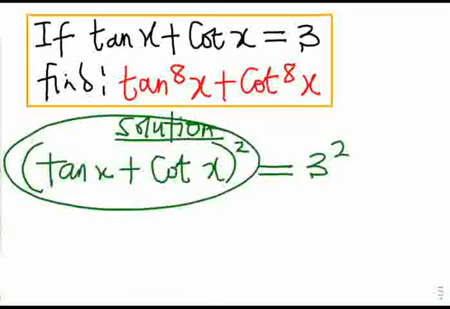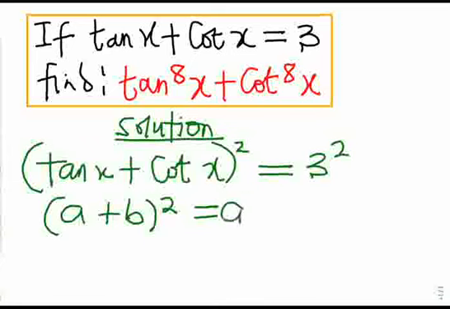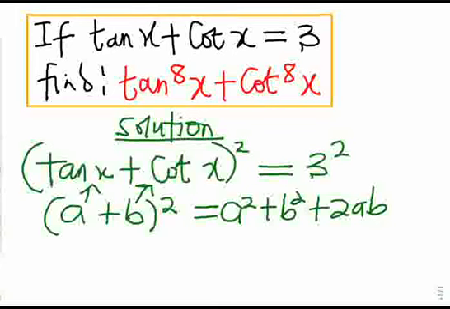In expanding this to get a square, let's remember the value for this expansion. A plus b all squared is equal to a squared plus b squared plus 2ab. My a is going to be tan x and my b is going to be cot x.